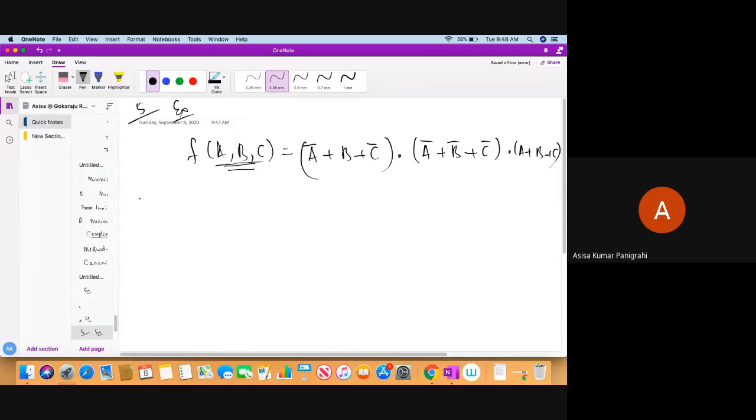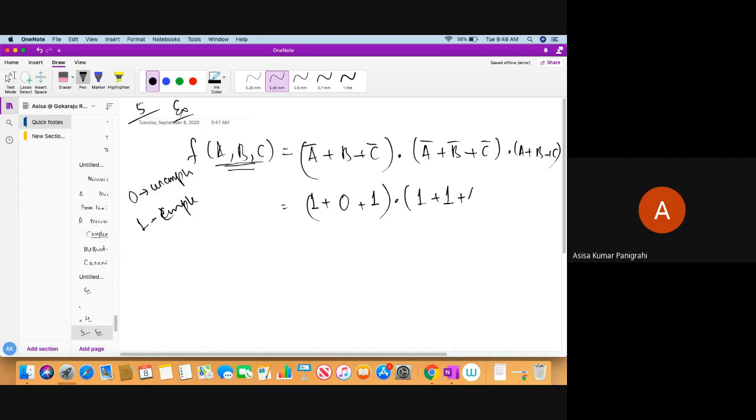So what you have to do, you know the rule: 0 means it's uncomplemented, 1 means it's complemented. So if there is a complemented variable, put 1. If there is an uncomplemented variable, put 0. This is complemented, put 1. This is uncomplemented, put 0. This is complemented, put 1. Next, complemented, put 1.